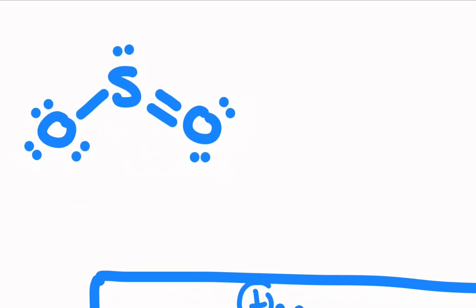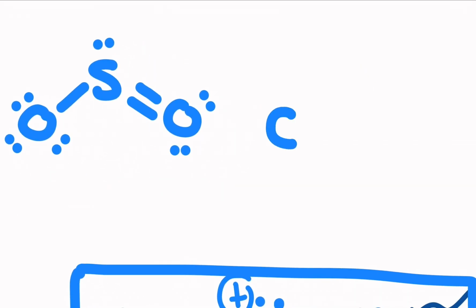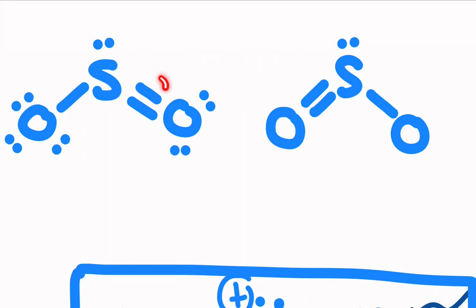There is another way to draw the sulfur dioxide molecule, and it just moves that extra pi bond from the right oxygen-sulfur bond to the left oxygen-sulfur bond. But all the atoms are in the same spot. All that's different is the electrons have moved.